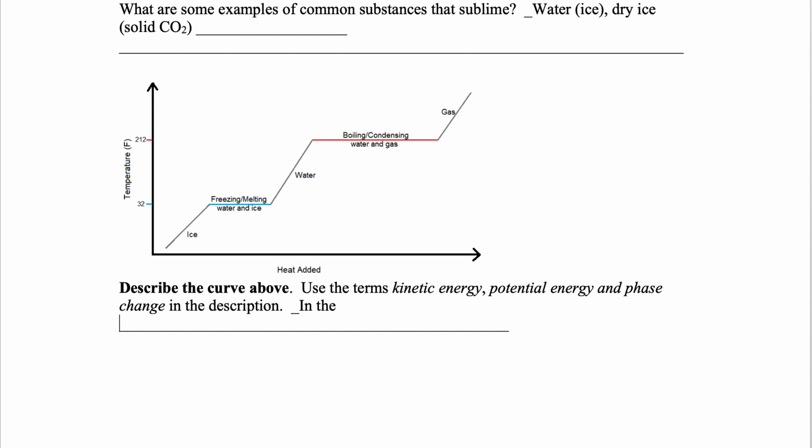So in the curve, what would be handy would be this curve labeled as points A, B, C, D, E, F, G. And then we could say, well, in segments A, B, C, D, and D, E, and F, G, in those segments, kinetic energy is increasing.